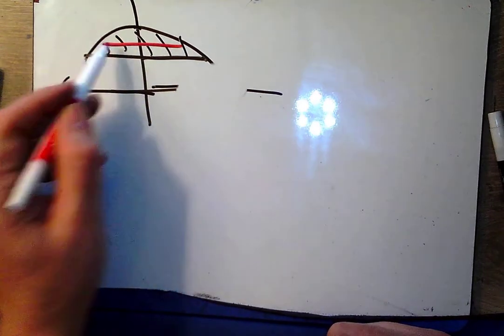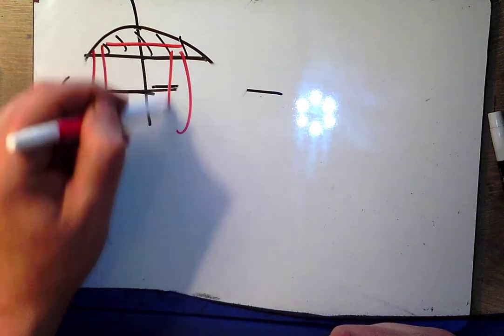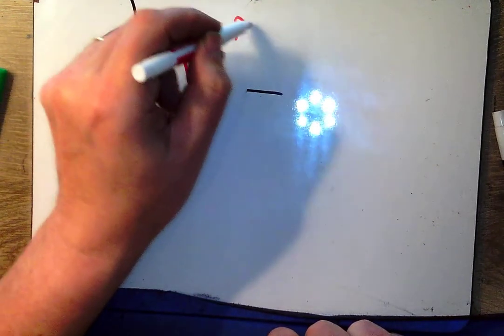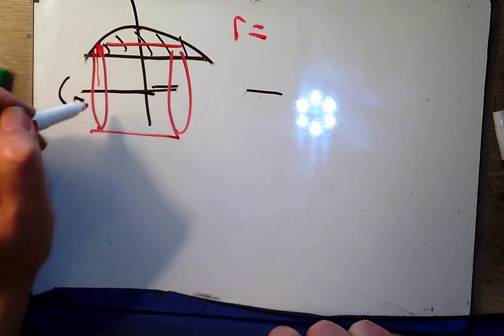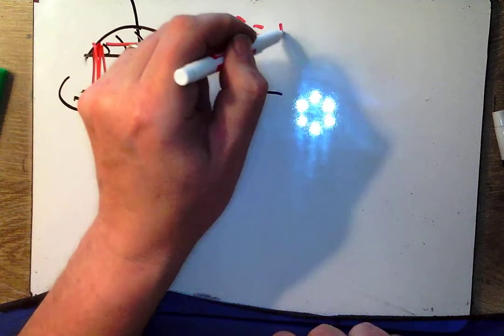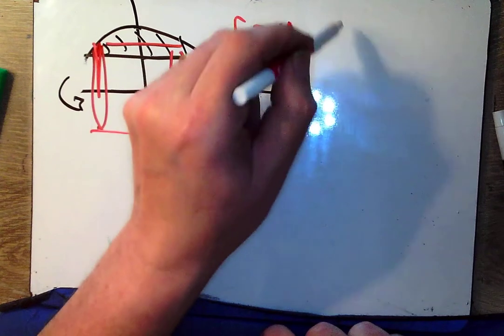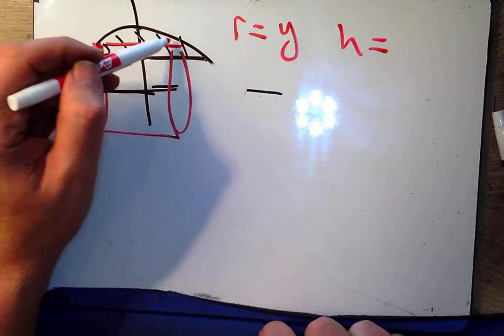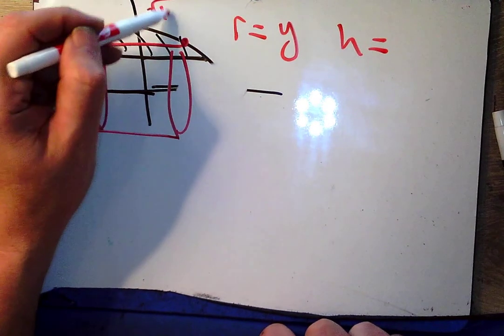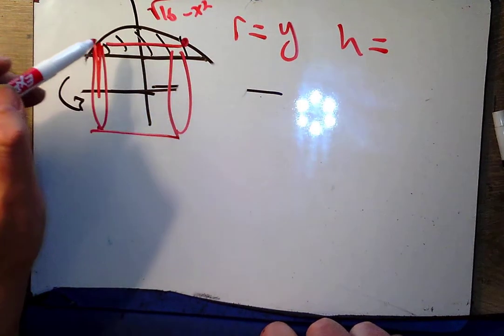If I were doing shells, I'd have this, and I would say, okay, my radius is this y value here. And that's good. The height, however, is going to be this, which is square root of 16 minus x squared.